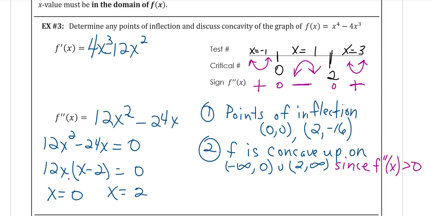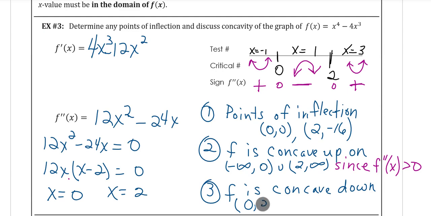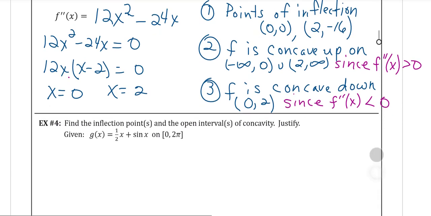And finally, I have one section where the graph is concave down, and that is from 0 to 2. And my reasoning again is that my second derivative is going to be less than 0. Okay, so that's how you find the concavity using the second derivative.